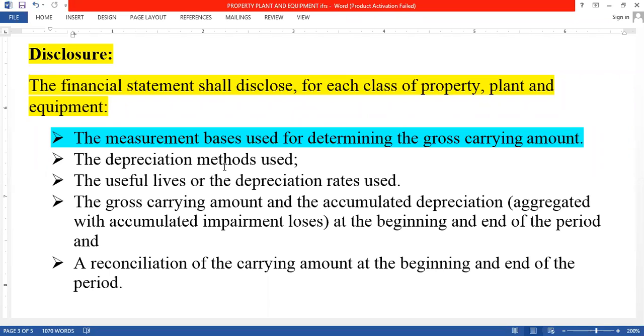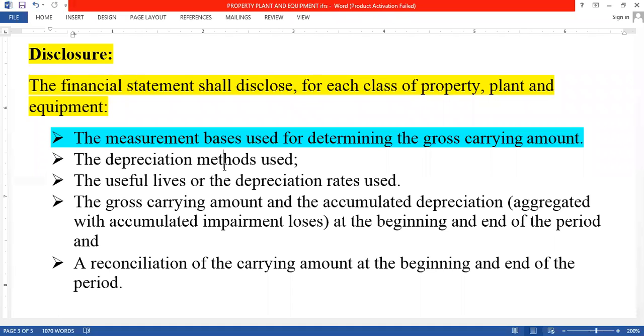Gross carrying amount is the total amount of an asset, and carrying amount is what we get by deducting the depreciation and impairment loss. The final amount is what we call the carrying amount.